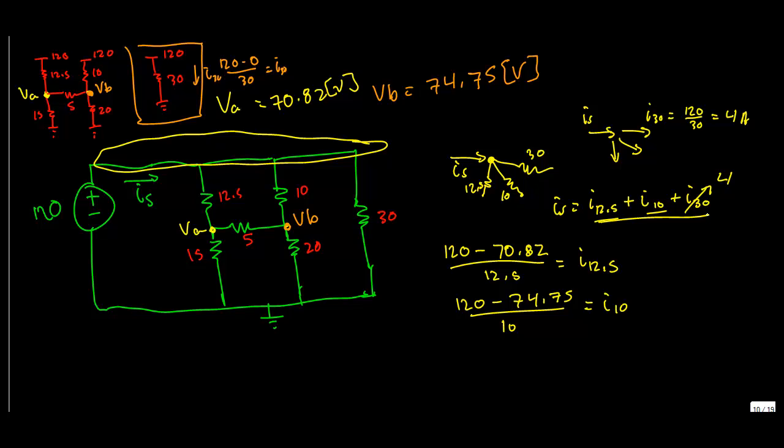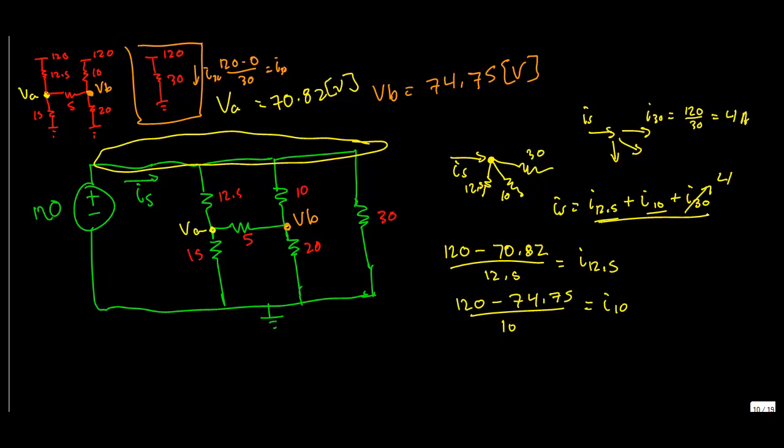So if we add all of those currents together, we should get the current source. That's 120 minus 70.82, divided by 12.5, and then you're going to add that to 120 minus 74.75, divided by 10. Make sure these are in brackets when you're putting them in the calculator, so you're not just doing 120 minus 74.75 divided by 10.